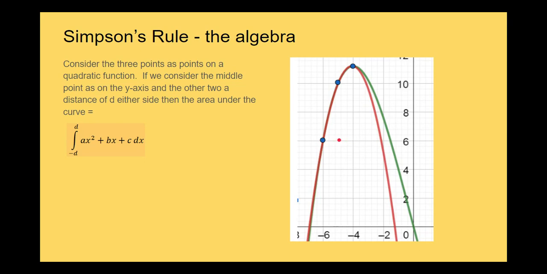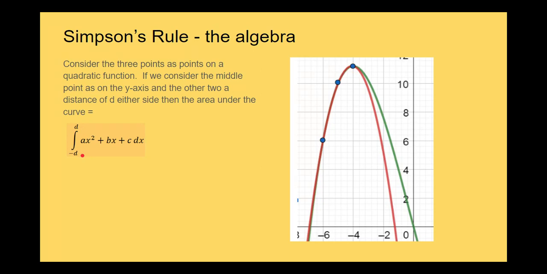So if we call the width of our strip d, if this is the y-axis, then the x-coordinate of this one will be minus d, and the x-coordinate of this one will be plus d. And so that's why we've got it between those two limits.